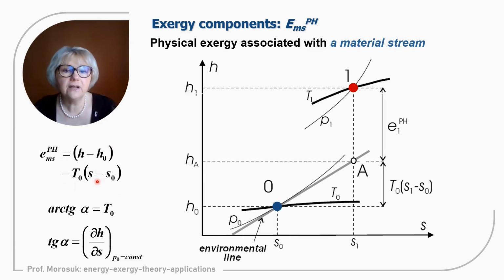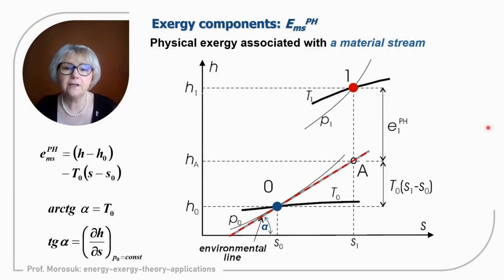The temperature of the environment is the line with the angle which corresponds to arctangent alpha. It is a graphical interpretation: the change of enthalpy over the change of entropy at constant pressure, meaning pressure at environmental conditions.